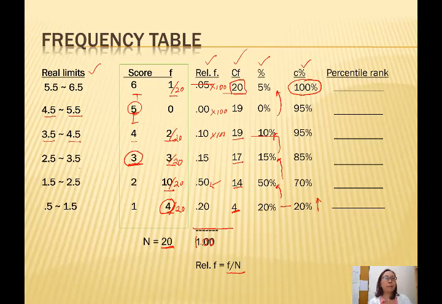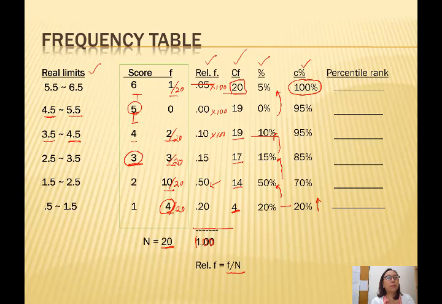Now, one might ask the question, well, there's kind of an overlap there. How can there be an overlap? These are just hypothetical ranges, and so these are not actual scores. We just want to have an idea of what range a typical score can have. So you'll find that when we calculate a percentile rank, you will need this information for the particular score that you want to see the percentile rank of.